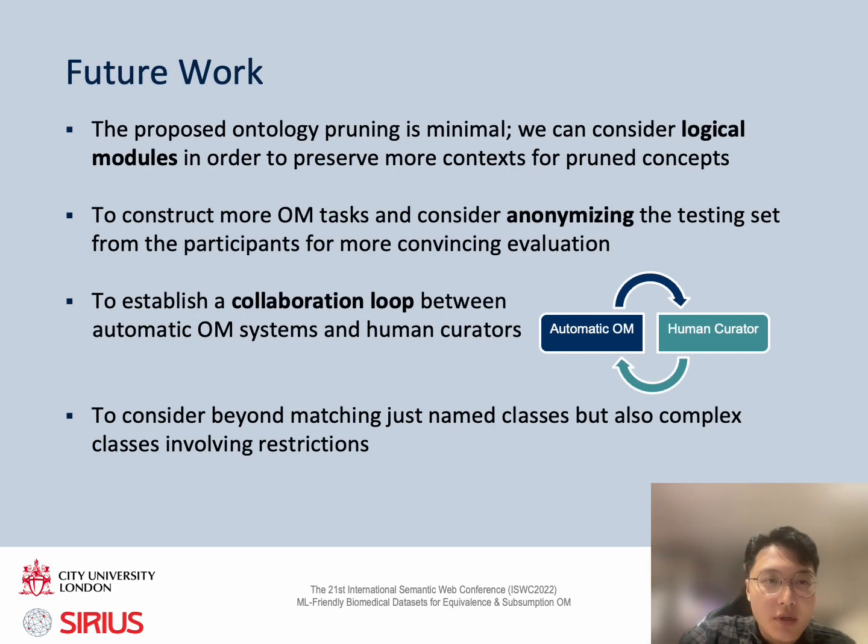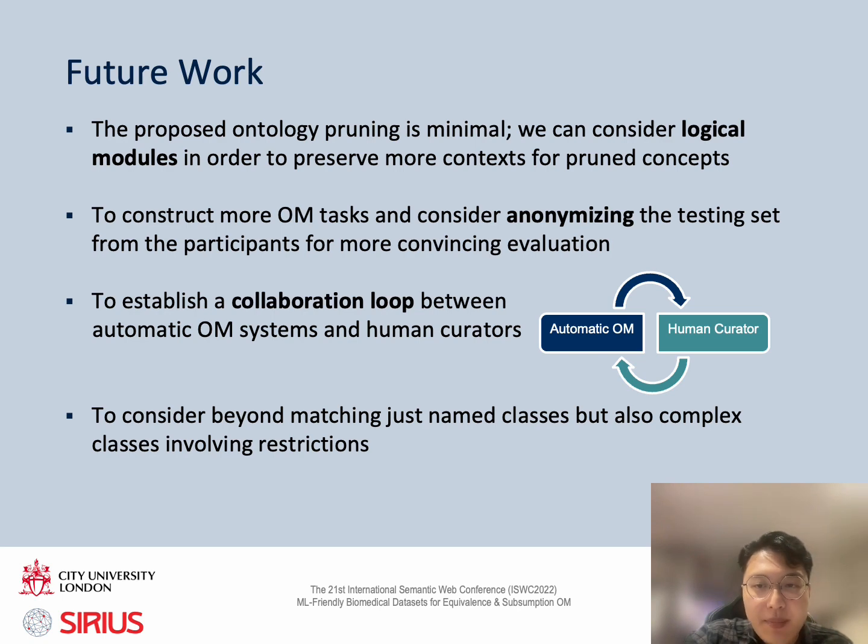For future work, we would like to improve the ontology pruning process by considering logical modules in order to preserve more context for the pruned concept. And second, we would like to construct more ontology matching pairs and consider anonymizing the testing set from the participants for more convincing results. And third, we would like to establish a collaboration loop between OM systems and human curators.